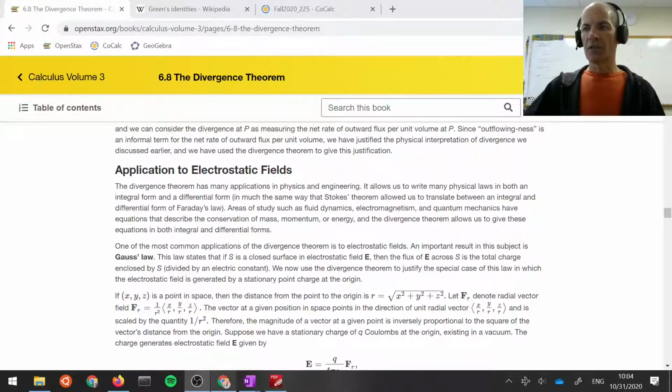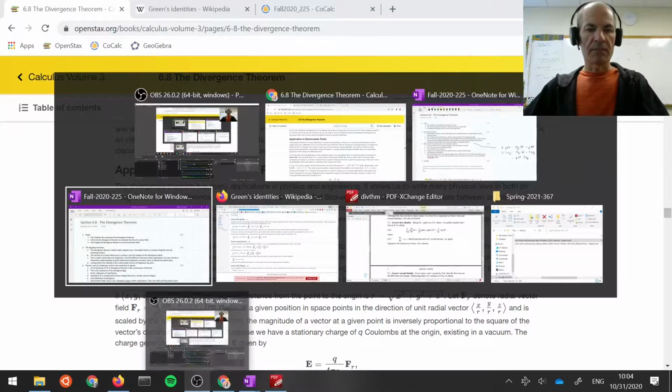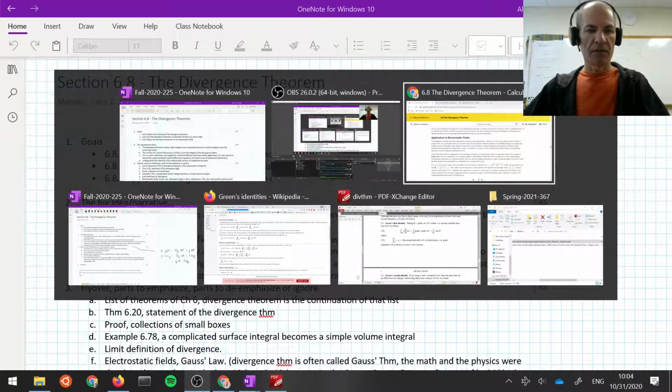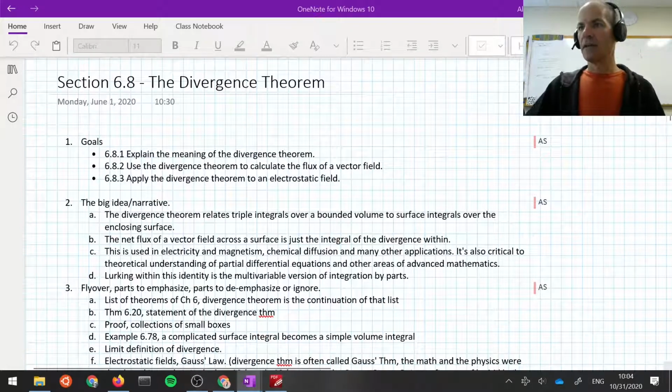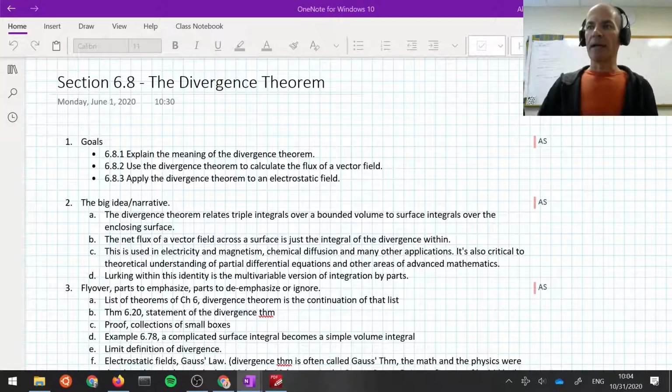These theorems were developed in tandem with the physics. So this work was done by Gauss and others in the late 18th, early 19th century. Gauss, Green of Green's theorem, Poisson.